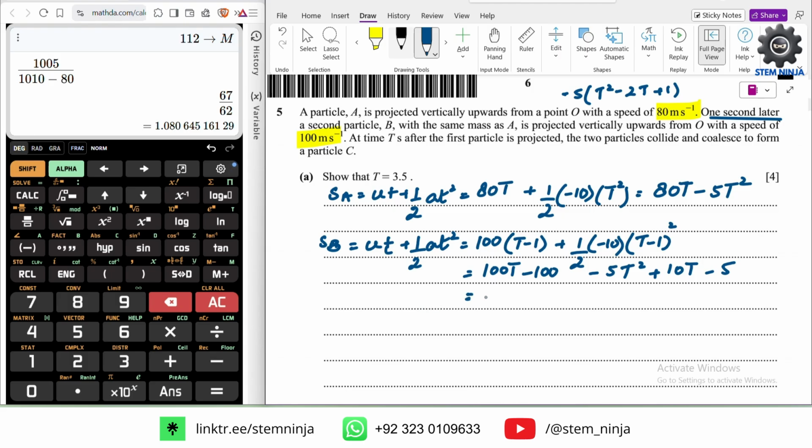Simplifying, you have minus 5t squared plus 110t minus 105.